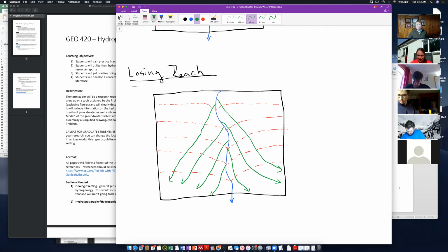All right, so this is the losing reach pattern, where our stream is a ridge in the potentiometric surface, and it is driving water away from the stream and out into the alluvial plain.